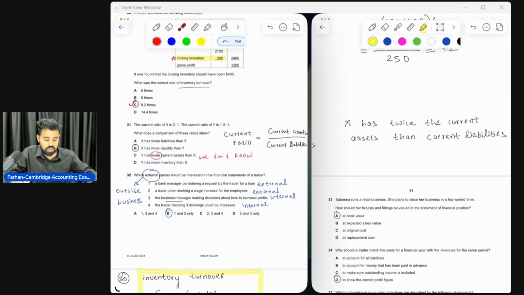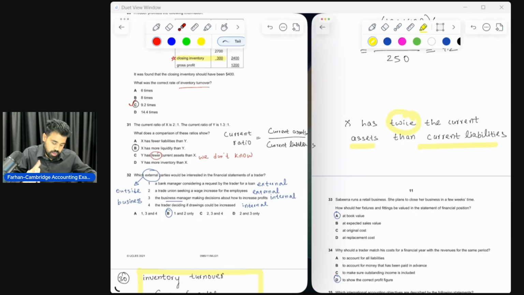So if X has a current ratio of 2 to 1, it is quite obvious to say that X has twice the current assets than current liabilities. Do you agree? And if Y has a current ratio of 1.3, that means Y has 1.3 times the current assets than current liabilities.